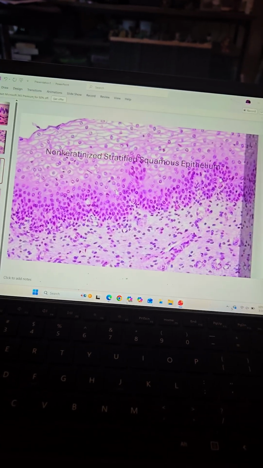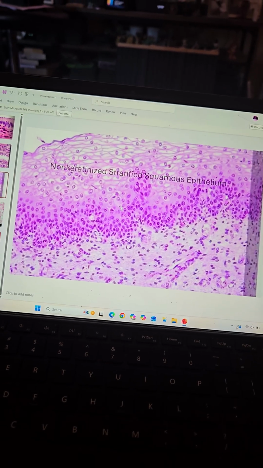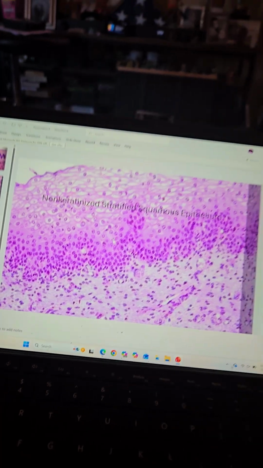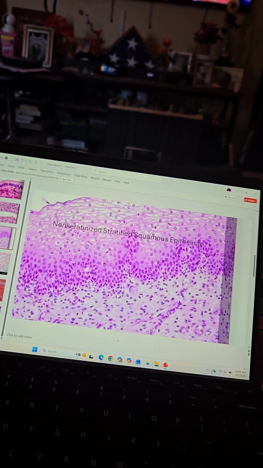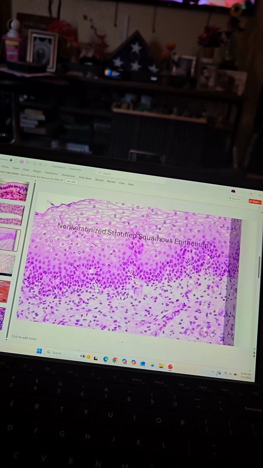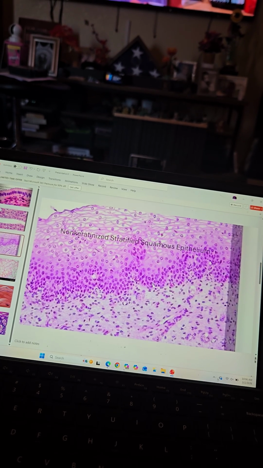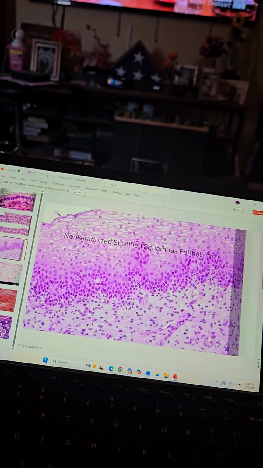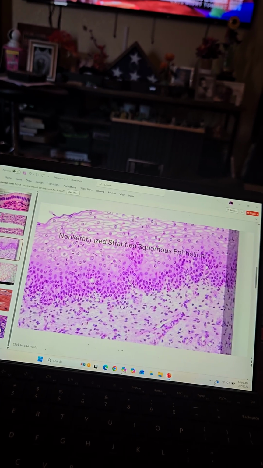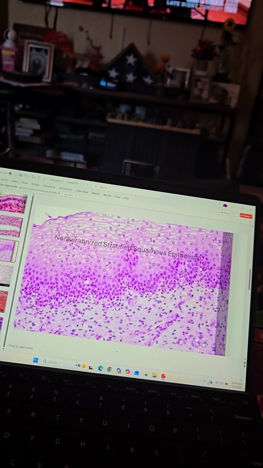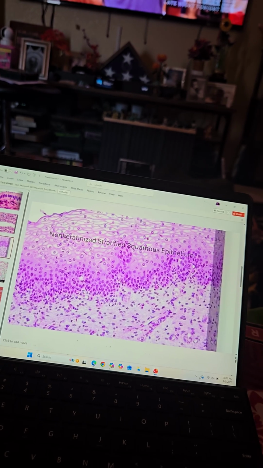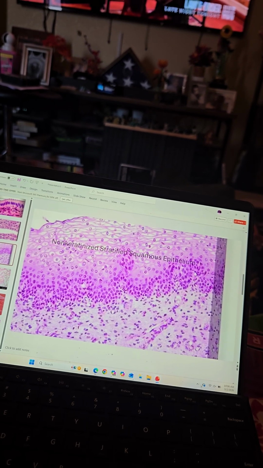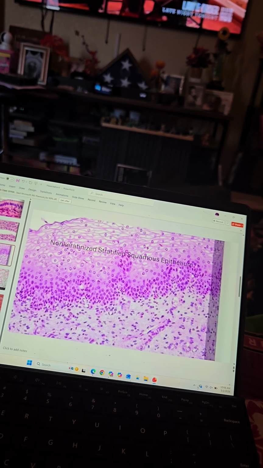Right here we have the non-keratinized stratified squamous epithelium. So this is going to be the same as the keratinized epithelium. However, this does not have a surface layer of dead cells. In fact, it has a surface layer of living epithelium cells right up here. Down here, you're going to find the connective tissue.